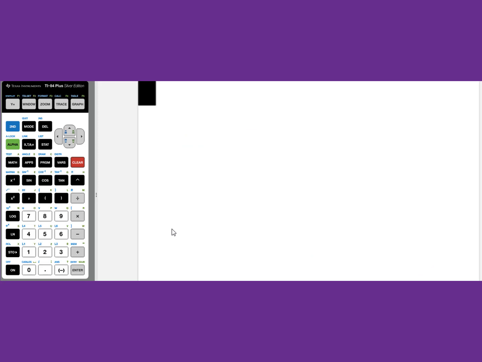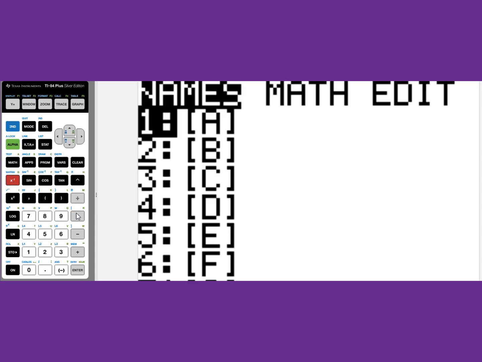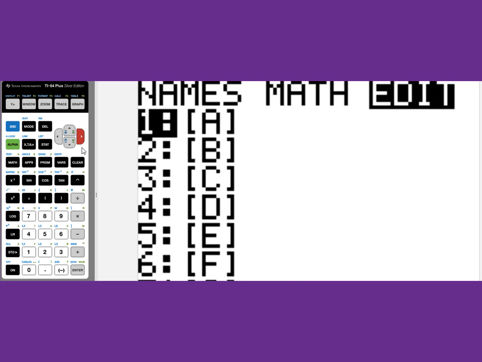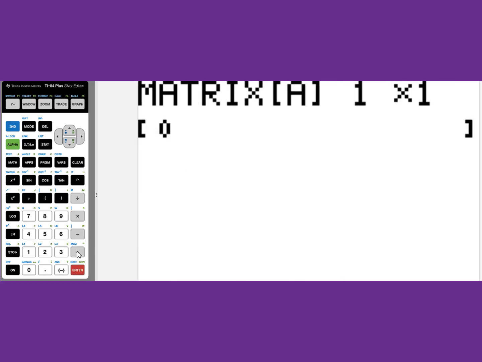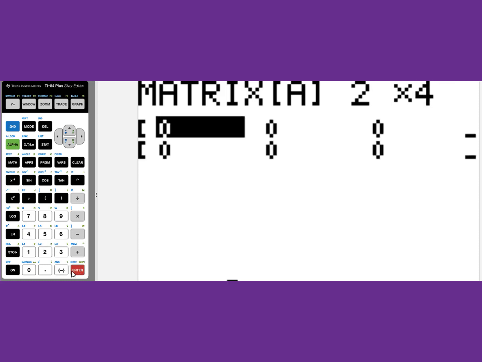For review question 1H, we need to use the graphing calculator to get the chi-square value. So we go to second, x to the negative first power. We go to matrix, then put the edit, enter. We have 2 rows and 4 columns.